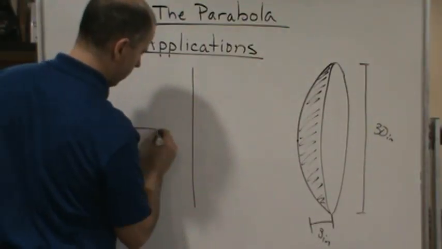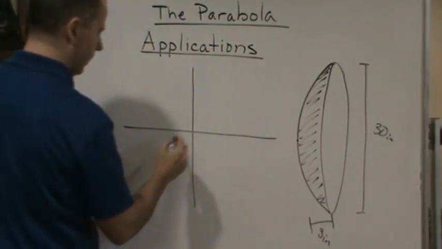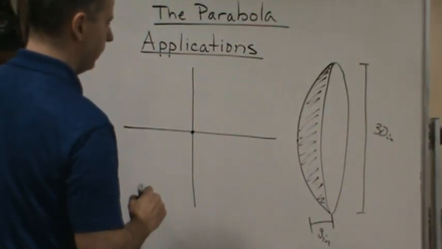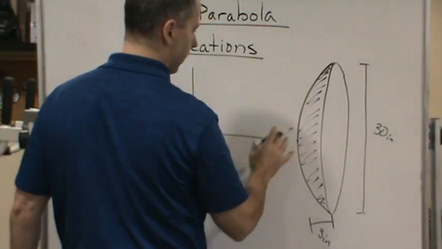If our cross section is like this, and the vertex is going to be here at the origin, and we're going to take a cross section of this.